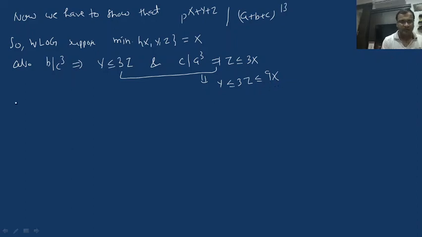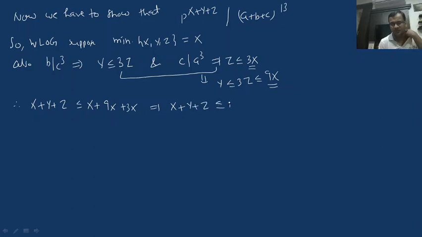Therefore Y is less than or equal to 3Z, which is less than or equal to 9X. Okay, therefore X plus Y plus Z is less than or equal to X plus the upper bound of Y. The upper bound of Y is 9X, and the upper bound of Z is 3X. Therefore the sum X plus Y plus Z cannot go beyond 9 plus 3, 12, plus 1, 13X.